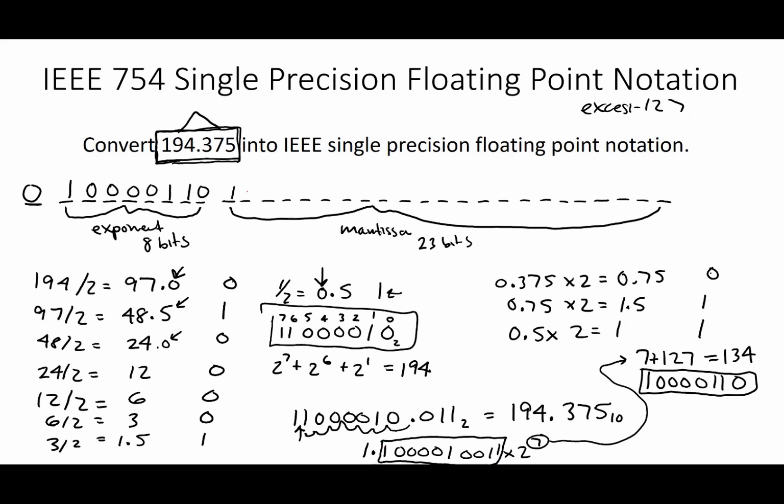So this is going to be 1, 0, 0, 0, 0, 1, 0, 0, 1, 1. And then we're just going to fill in the rest of the bits with zeros. That is 194.375 represented in floating point notation with 32 bits.